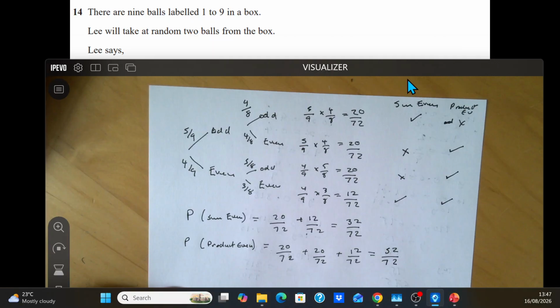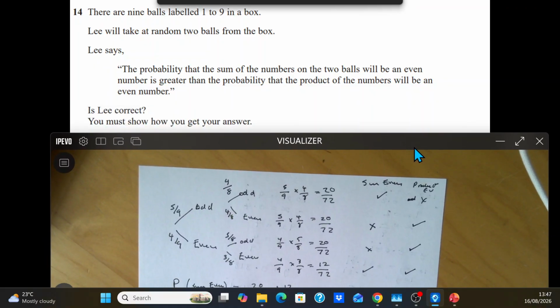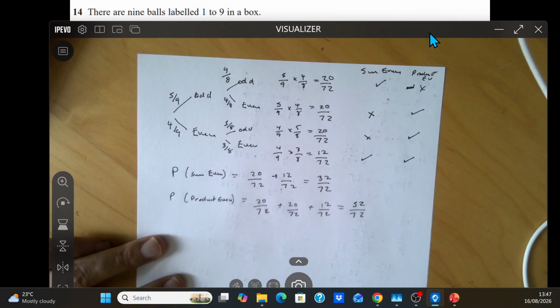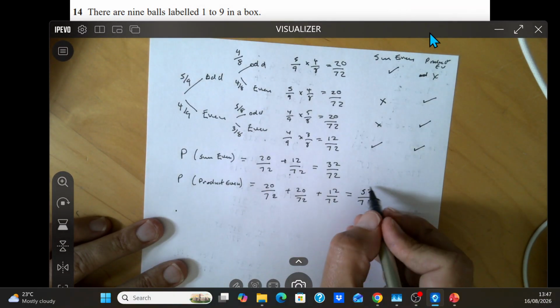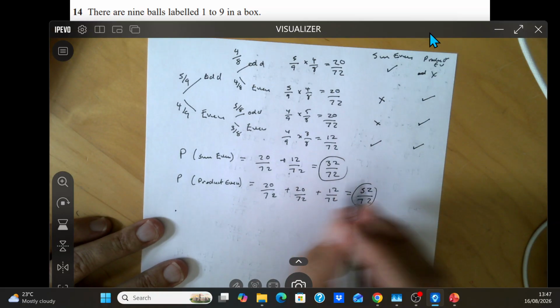And what was the question asking? It was, is Lee correct that the probability that the sum is even is greater than the probability that the product is even? So that is bigger than that.